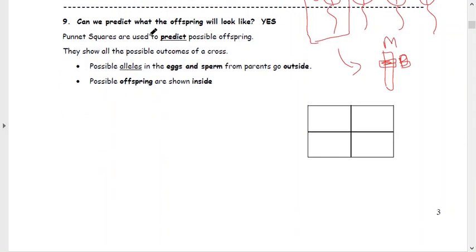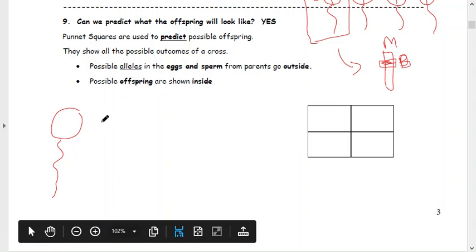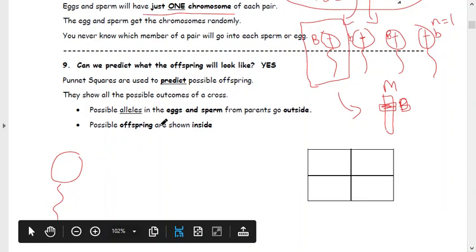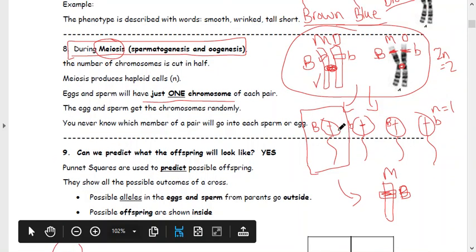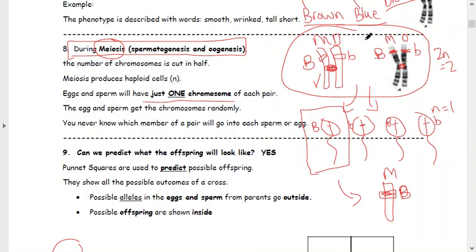All right. So can you predict what an offspring will look like? Absolutely, yes, you can. So in this example, let's say that the sperm cell, you could inherit two types of sperm, basically. If this were dad's cell up here, the parent cell, you could inherit a sperm cell with a dominant letter or a lowercase letter.